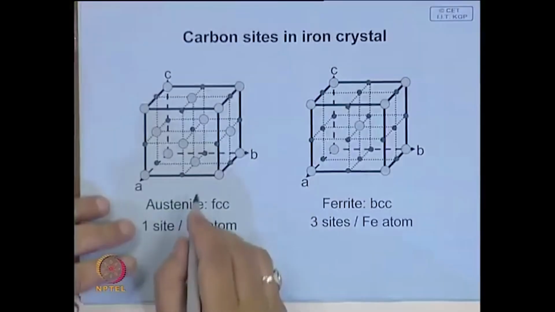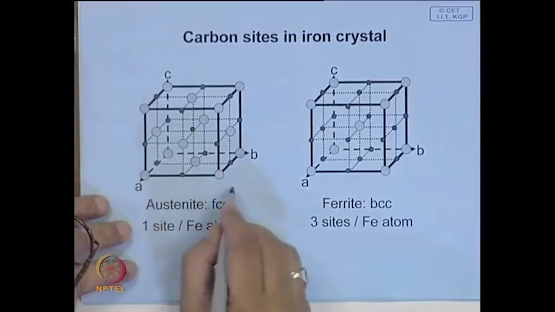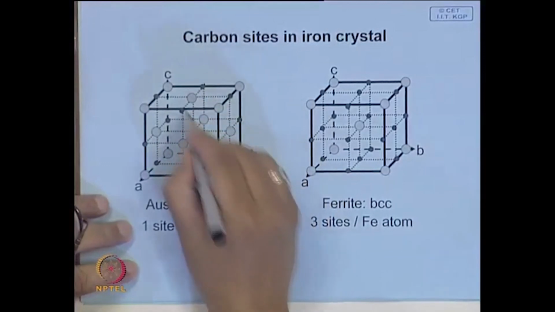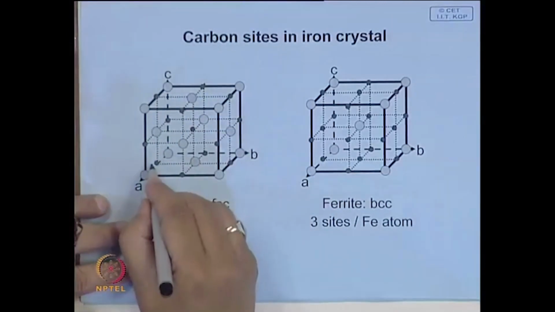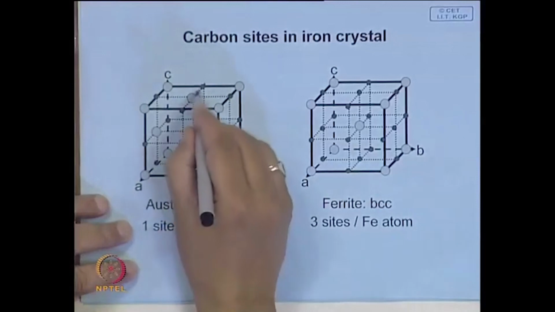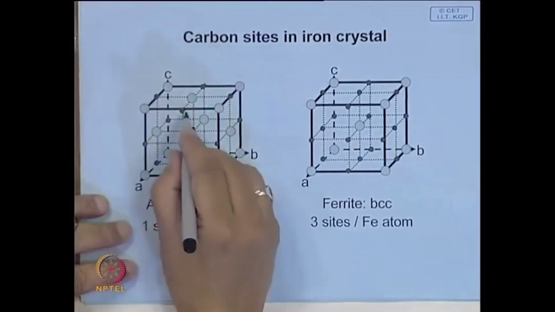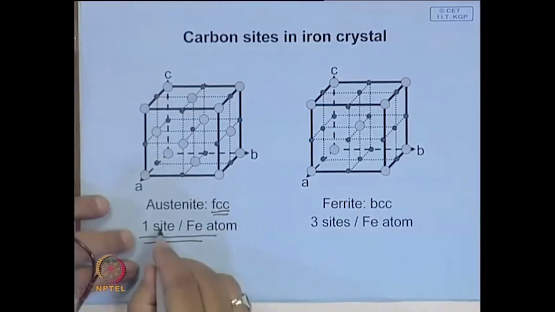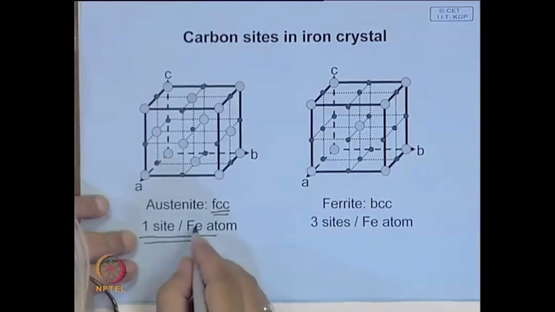That answer lies in the crystal structure and the atomic size of the iron atom and carbon atom. If you look back at these figures, this is an austenite structure, face centered cubic, and these are the potential sites. If you go back to your earlier notes on how to find the number of interstitial sites, it was shown you have one interstitial site per atom.